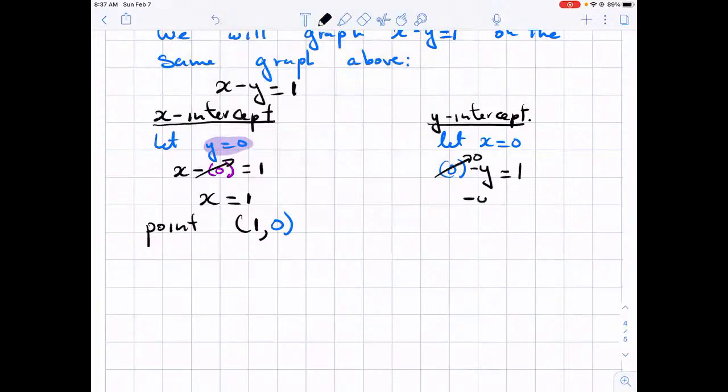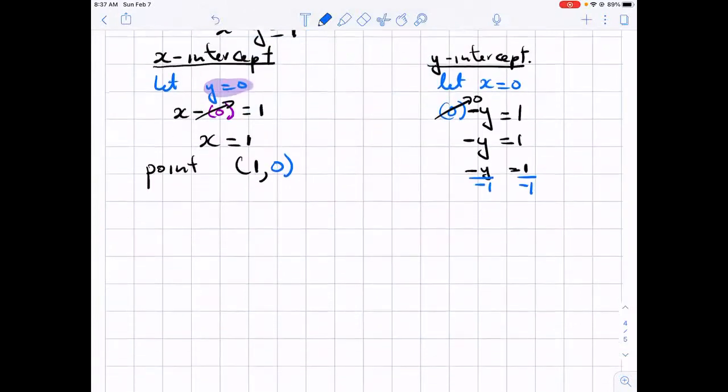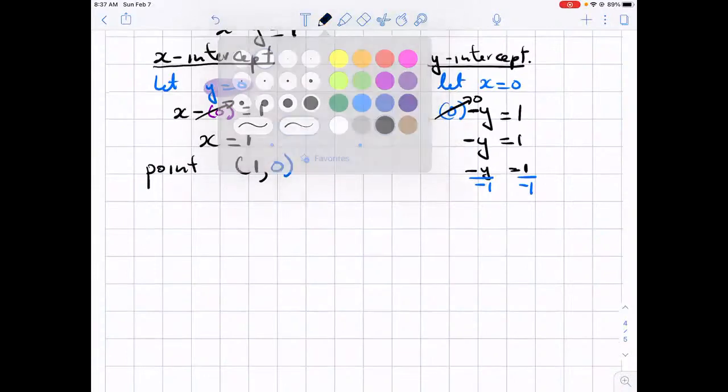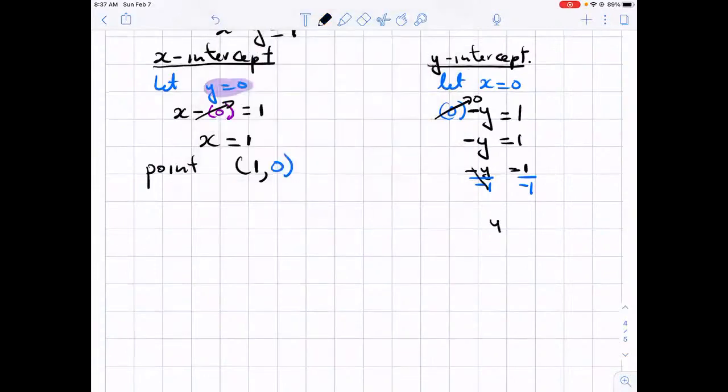So we end up with minus y. Don't forget that minus is equal to 1. And then to get rid of the minus, I'll divide both sides by -1. So the negative 1 divided by negative 1 becomes positive, and positive divided by negative is negative.